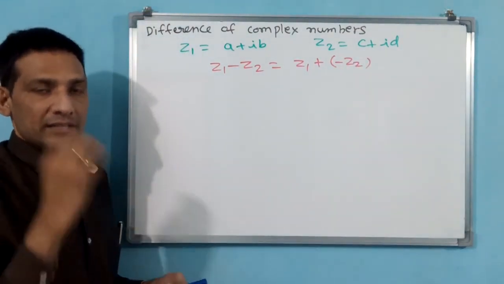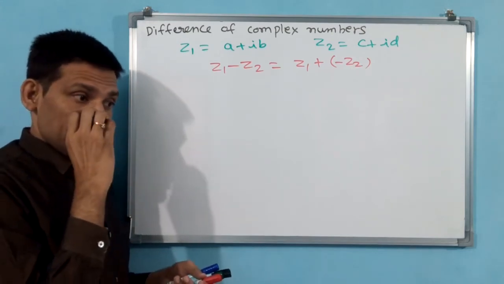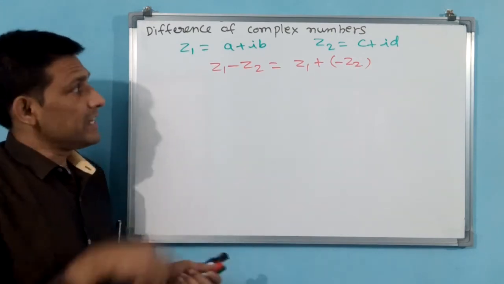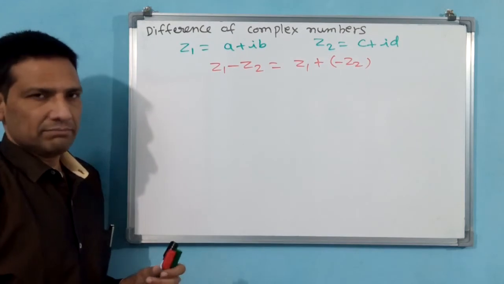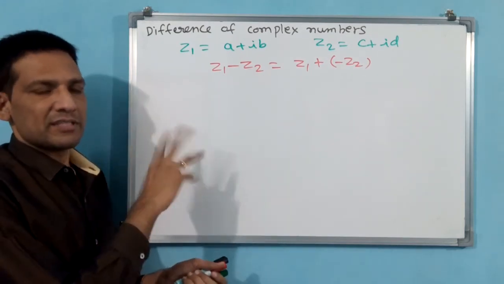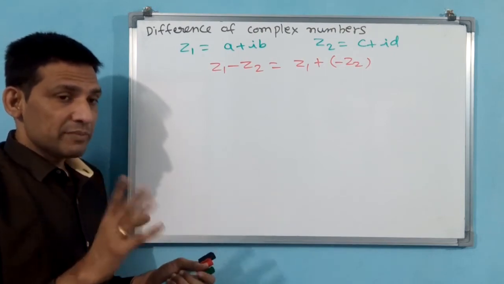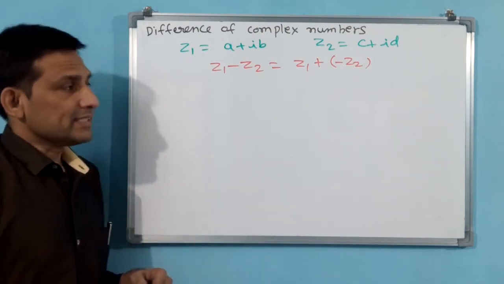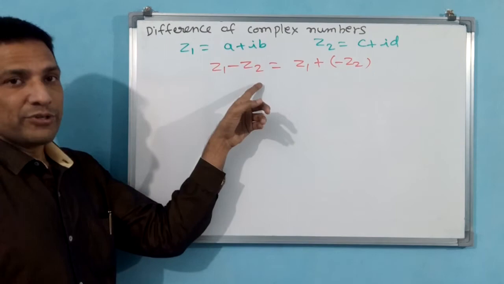You understand, na? If you are conversant enough, directly you can subtract z2 from z1. Why? Because the difference means subtraction only. Here difference means subtraction of z2 from z1.